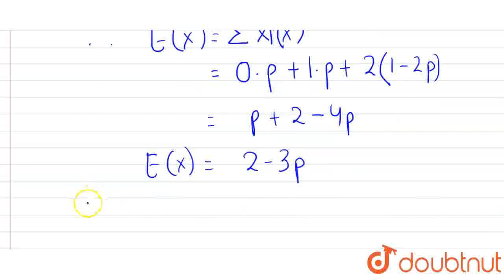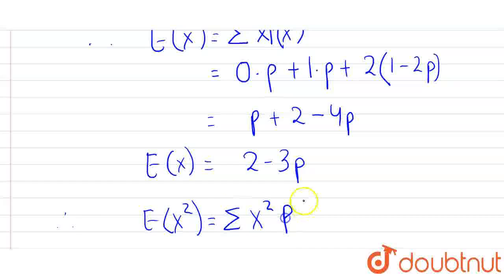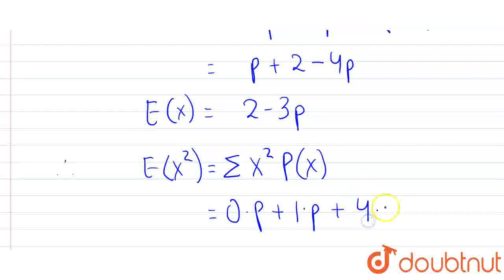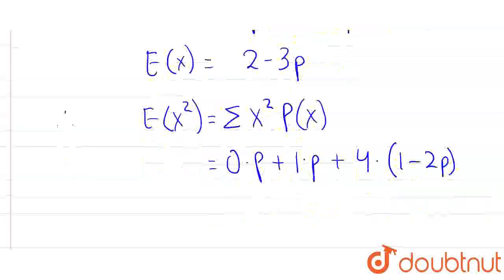Therefore E of x square will be equal to the summation of x square into P(x), which is 0 into p, plus 1 into p, plus 4 into 1 minus 2p, right?